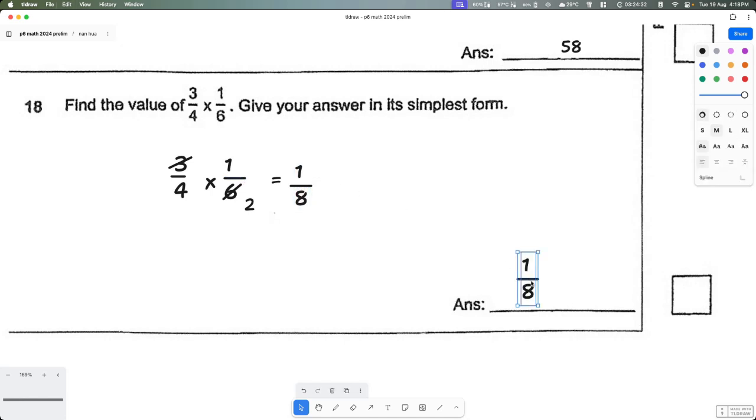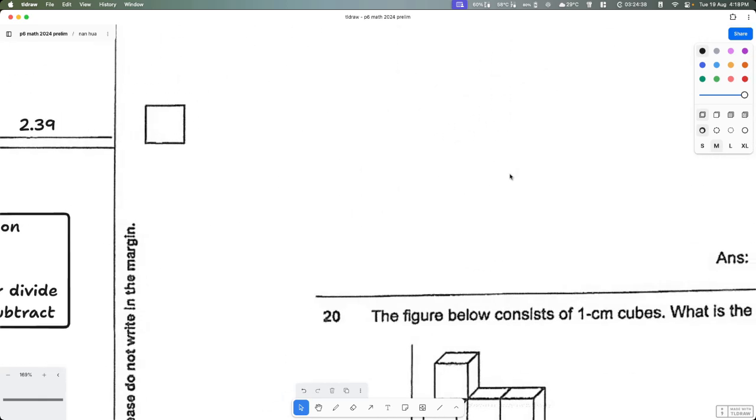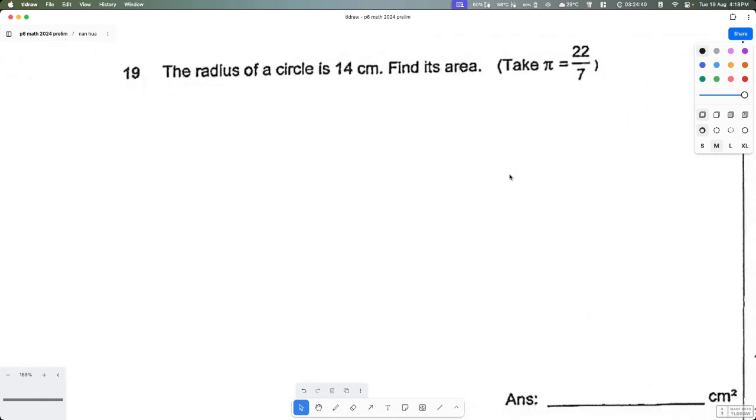All right, here you go. Let's move on to the next question. Question 19. The radius of the circle is 14 centimeter. Find its area. So area of circle is equal to pi times radius times radius.